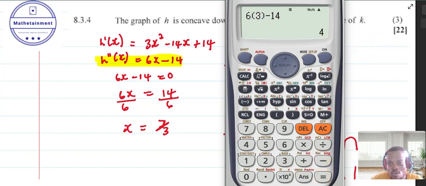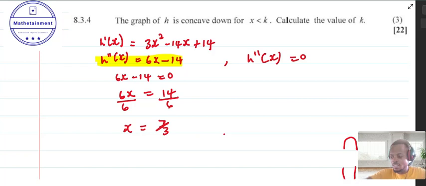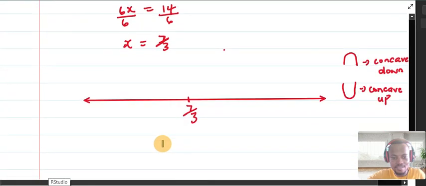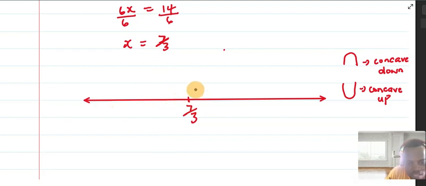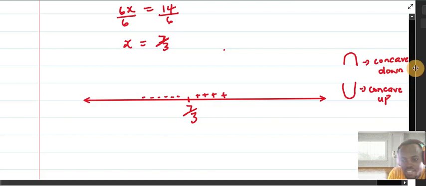So I can conclude that on my real line, when I plug in values less than 7 over 3, I get negative numbers. When I plug in values greater than this one, I get positive numbers. So when my x is greater than this one, my graph is concave up, but when my x is less than this one, my graph is concave down.